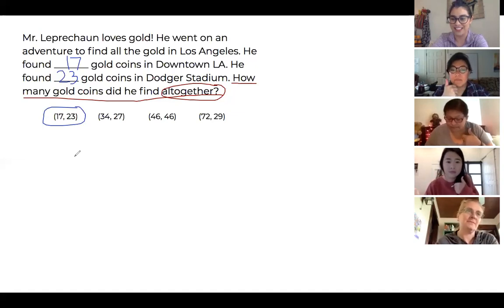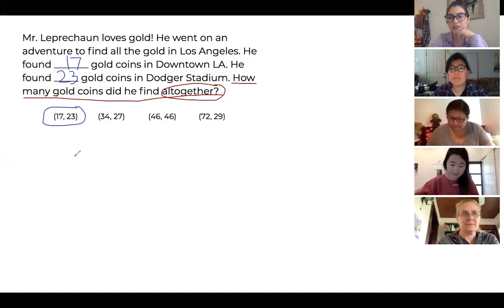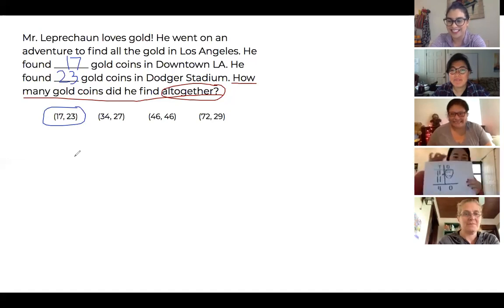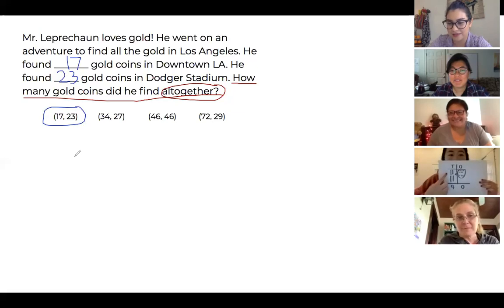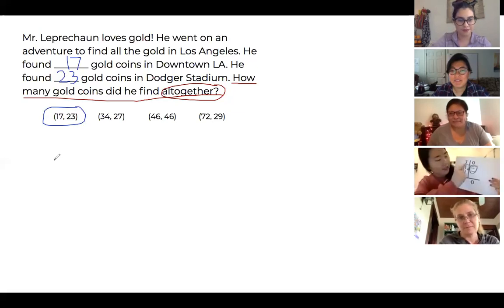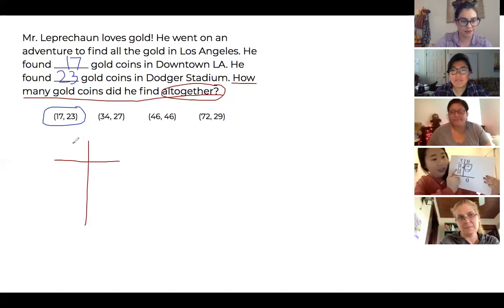All right. Miss T, can you tell us the strategy that you are planning to use? Do you want me to show you how I did it on my piece of paper? Of course. Okay, so I did the tens and ones strategy. And so I did the tens for 17, I added 1 ten and then 7 ones. And then I did 23, which is 2 tens and 3 ones.